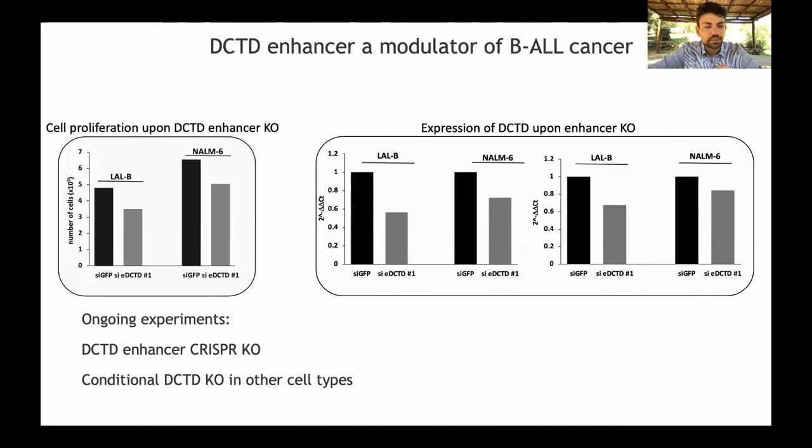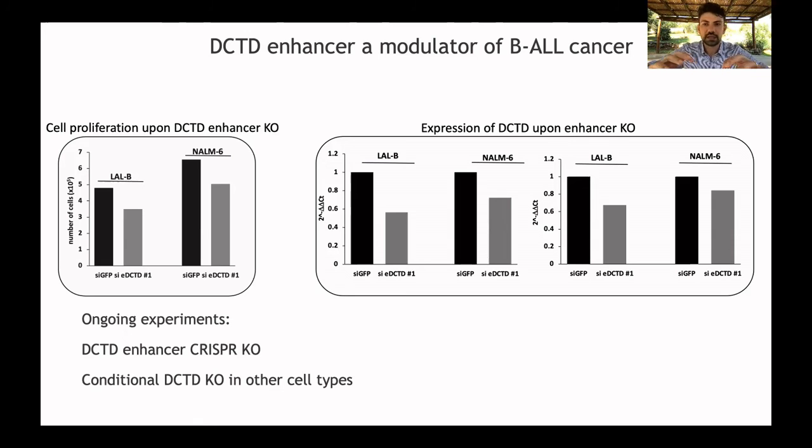And strikingly, upon DCTD conditional enhancer knockout, we have data that in two acute lymphoblastic leukemia cell line models, the proliferation of the cells goes down by 20 to 30%, just by depleting the enhancers. And the expression of the gene upon conditional enhancer knockout was reduced by 30 to 40% in both cell lines.